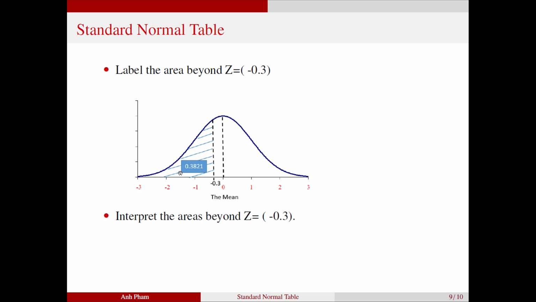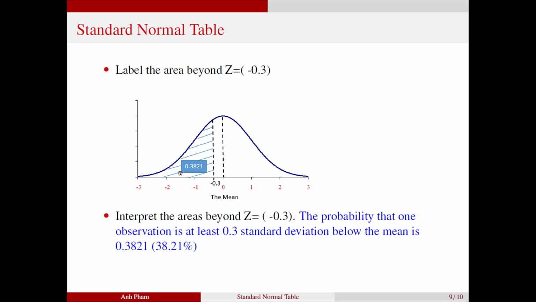How do we interpret the area beyond z for z equal to minus 0.3? It is the probability that one observation is at least 0.3 standard deviations below the mean, and this probability is 0.3821, or 38.21%.